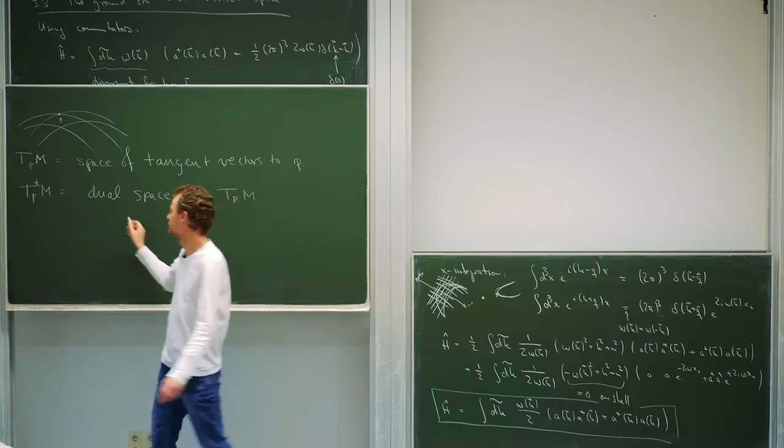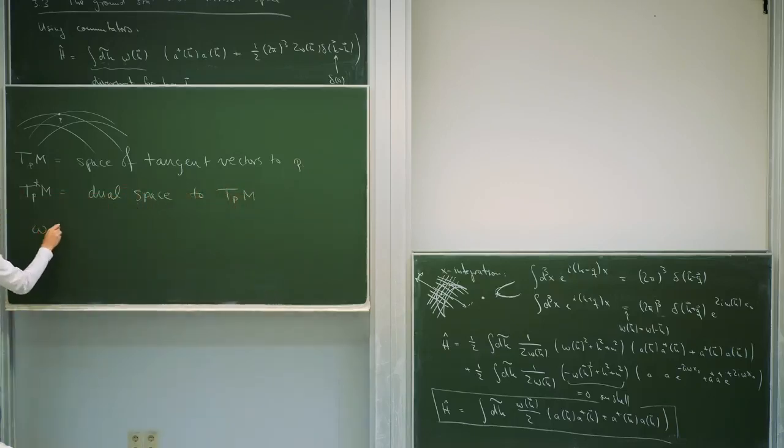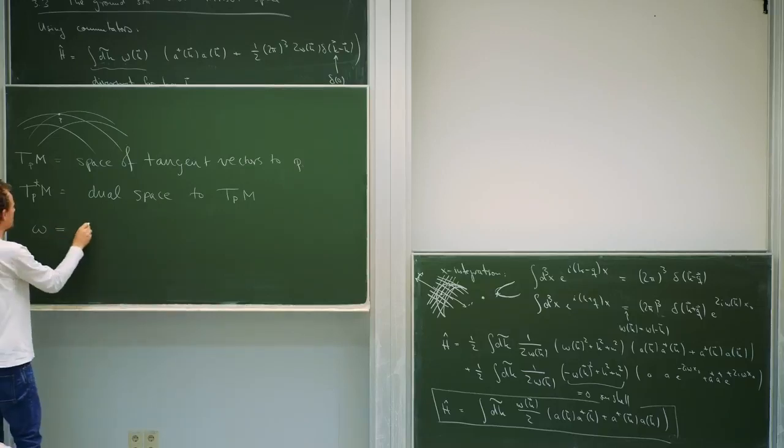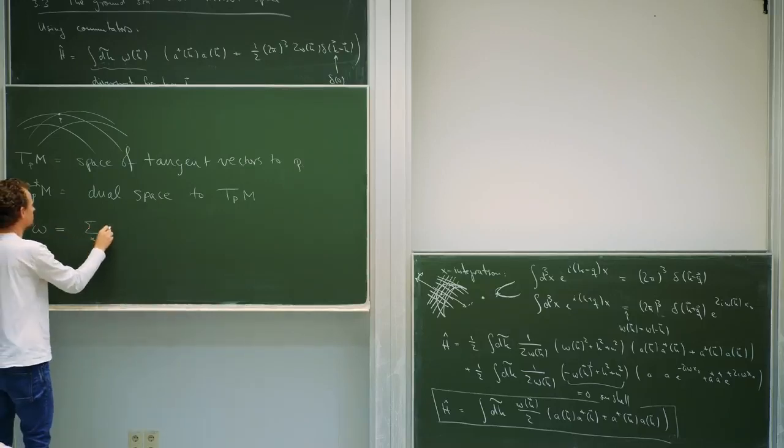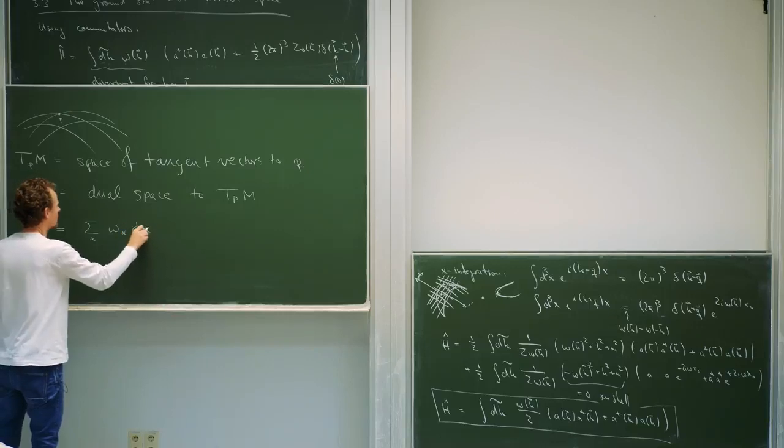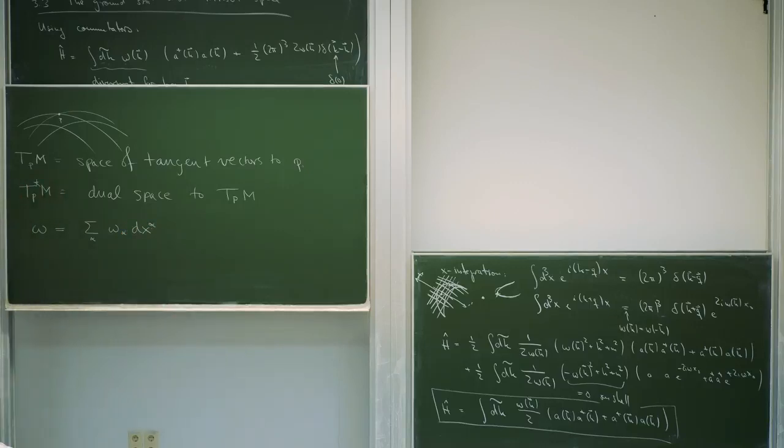And in the previous lecture, we also introduced a basis for this vector space here via these coordinate functions x alpha.